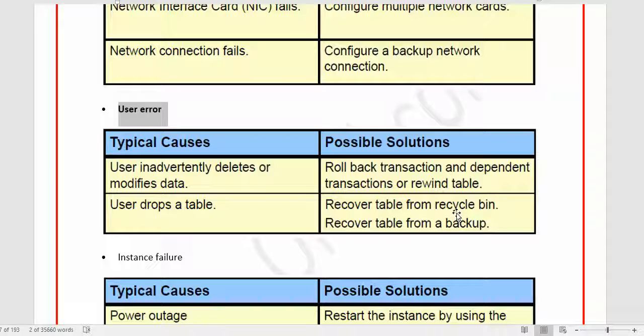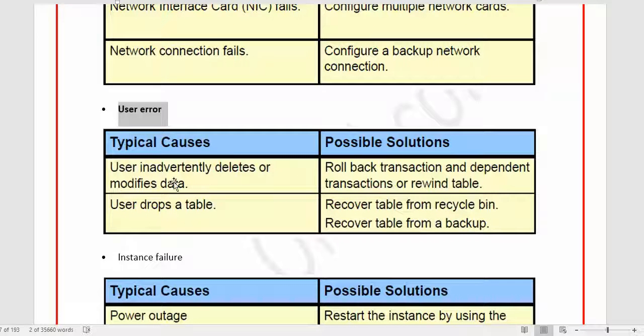Very similarly, for all tables which are dropped in the Oracle database, there is a recycle bin inside the Oracle database. So if a user drops a table and it is in the recycle bin, get it. If it is not there in the recycle bin, that means it is permanently deleted, and you have to get it back from the backup.